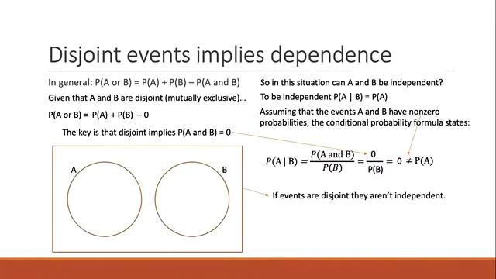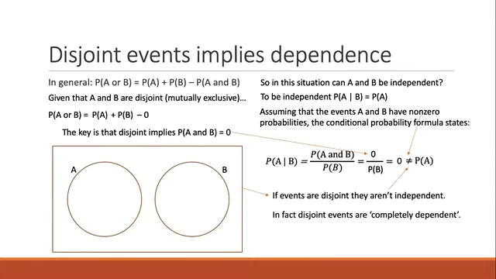So ultimately, if we start in this picture with a Venn diagram with events that are disjoint, I know that they aren't independent. They aren't independent because the probability of A, given that B has happened, isn't equal to the probability of A. It equals 0. And the probability of A isn't 0.